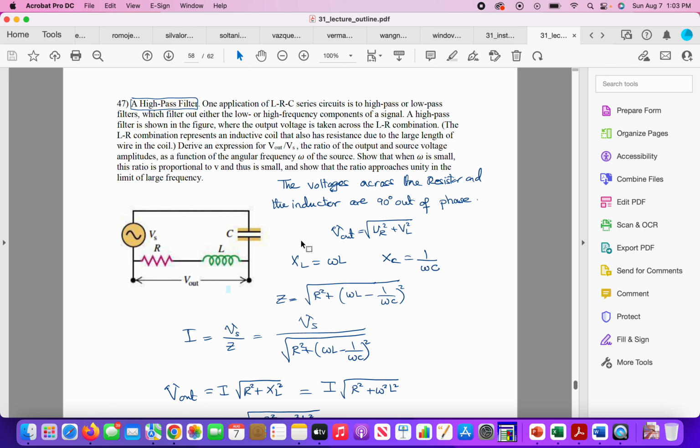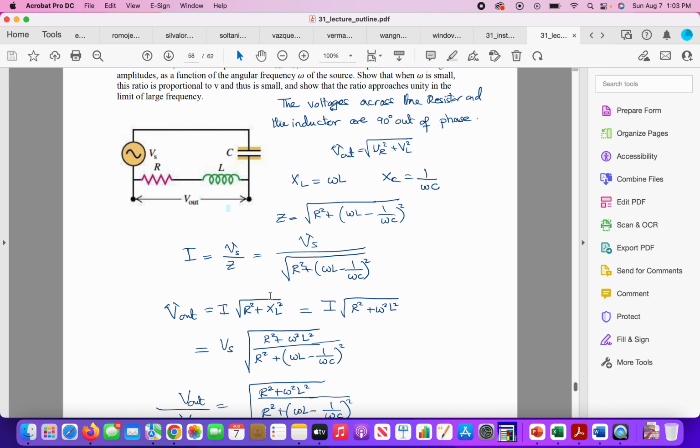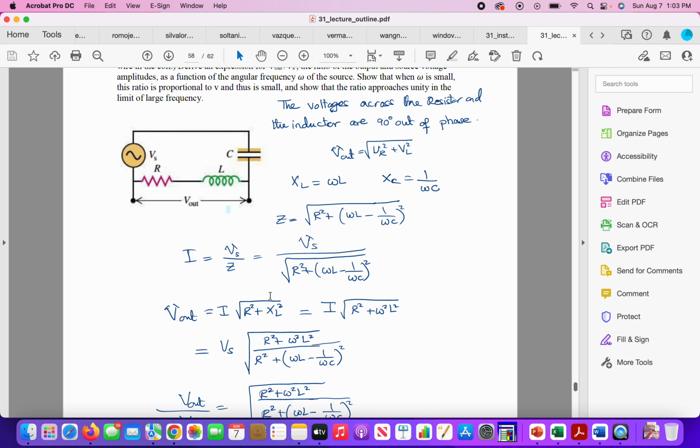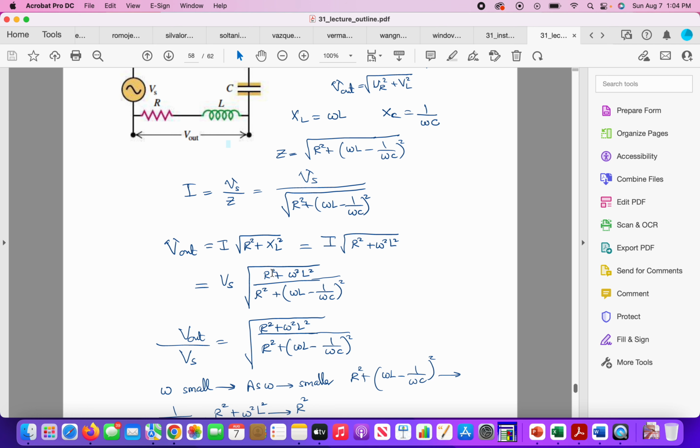XL is given as omega L, and XC is 1 over omega C. Then I can solve for Z using this equation, and from that I will be able to calculate I, and V out will be I times the impedance of the circuit excluding the capacitor, and therefore we will be able to find the expression here.